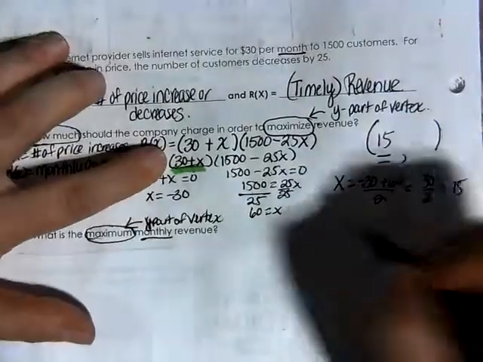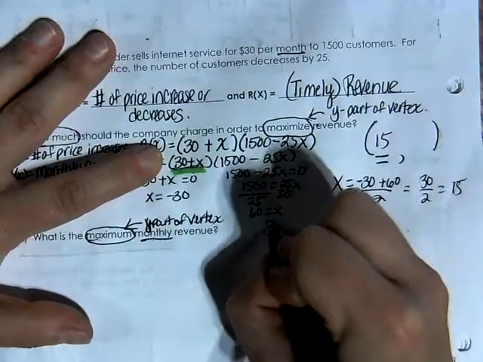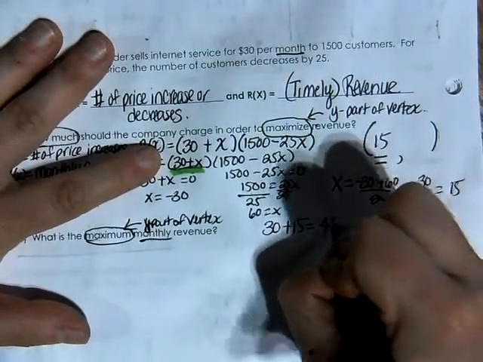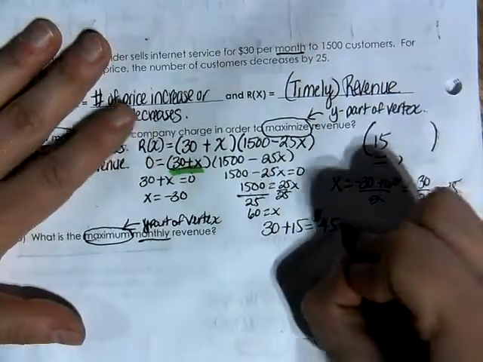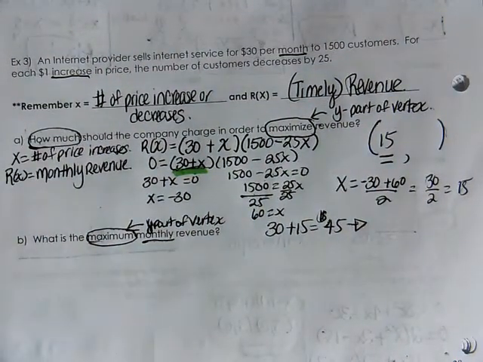So if we're just looking at how much they should charge, that is 30 plus 15. And 30 plus 15, that is 45. And in this case, in terms of money, $45. In words, whenever you have a story problem, always give your answer in words.